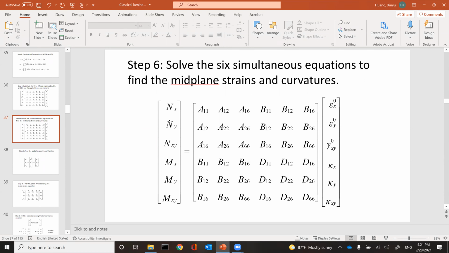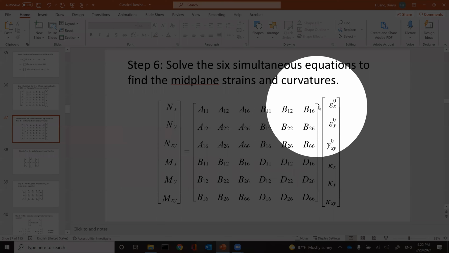Now, how do you solve it? Many techniques. You can use MATLAB, or in Excel, I invert that matrix and multiply it by the left-hand side. So I first calculate the inversion of ABD, and then I multiply that matrix with that vector here.